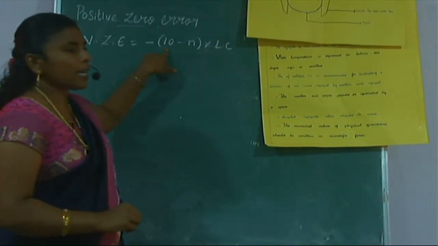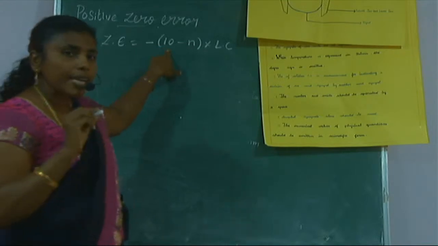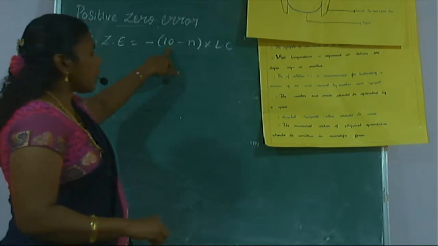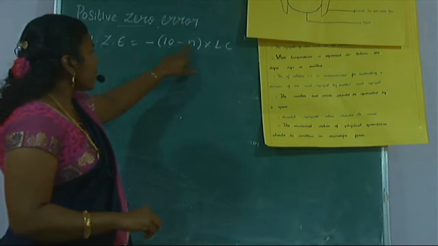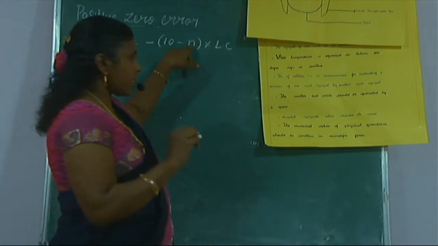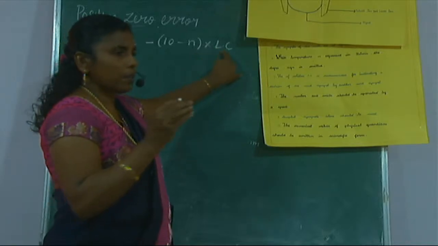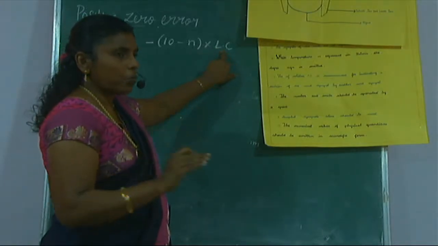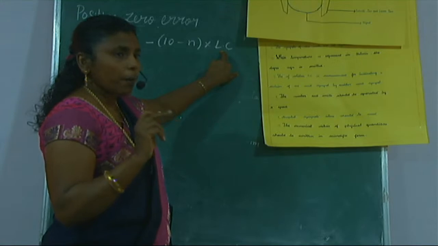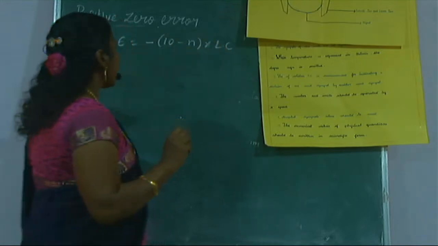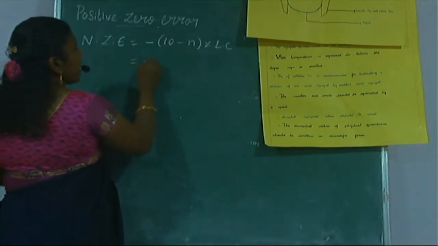How do we get this 10? The Vernier scale has 10 divisions, so we write 10 minus N. Whichever line is quantized, we write that as N. Least count means millimeter is 0.1, centimeter is 0.01; you have to multiply by the least count. Suppose here the 8th line coincides.